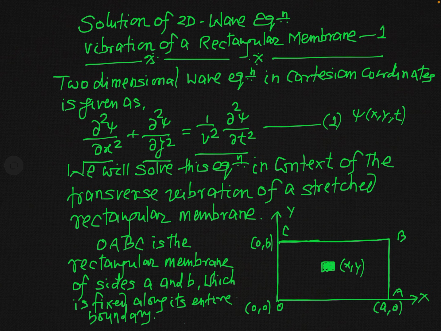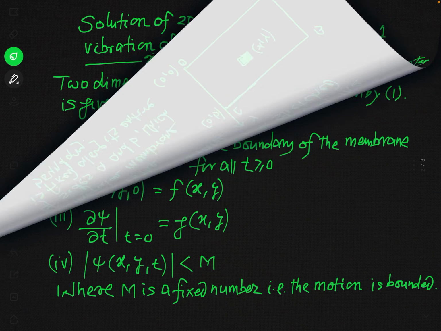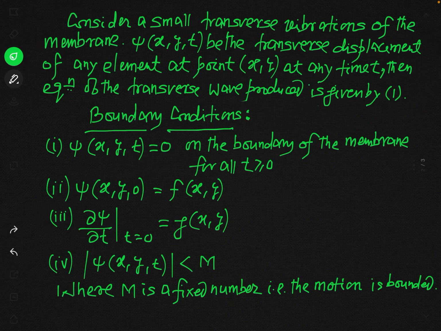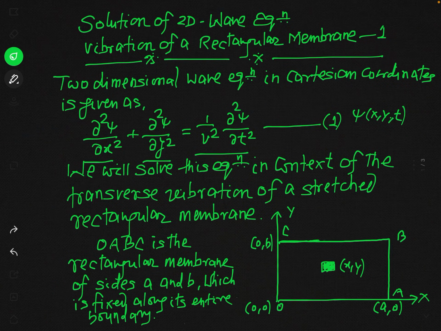When this membrane is disturbed, or you can say that a transverse vibration is set up in it, then a two-dimensional wave proceeds on this membrane. The wave equation for that two-dimensional wave will be the same as I have defined in equation 1.